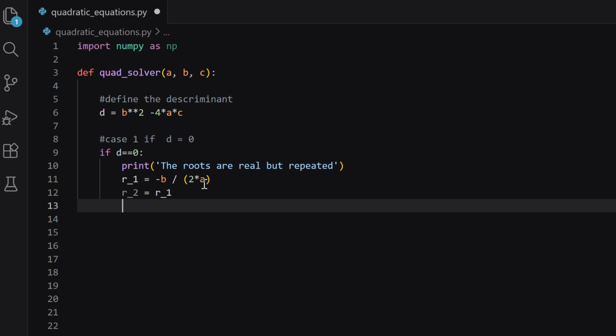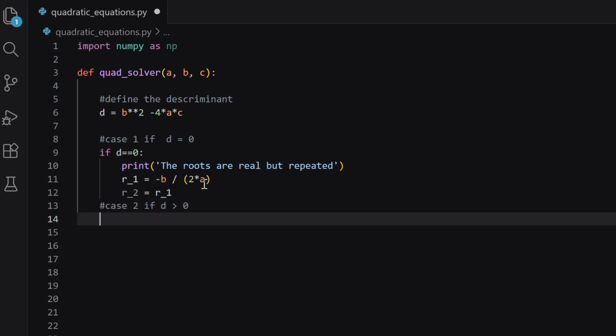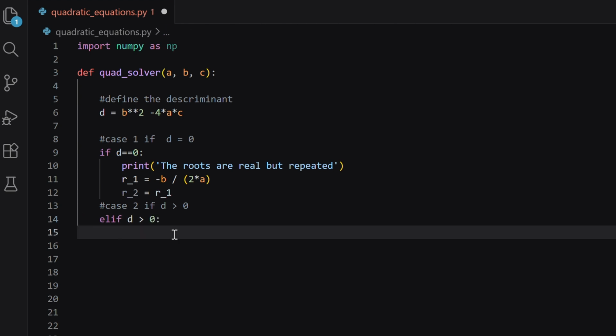Now let's move on to the second case. Case 2, that's if d is greater than 0. So the statement is going to be else if d greater than 0. If d is greater than 0, then we are going to print the roots are real but distinct.